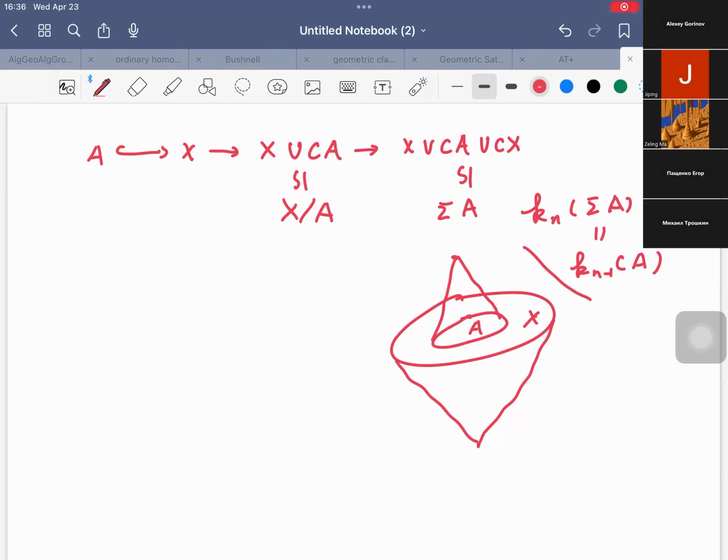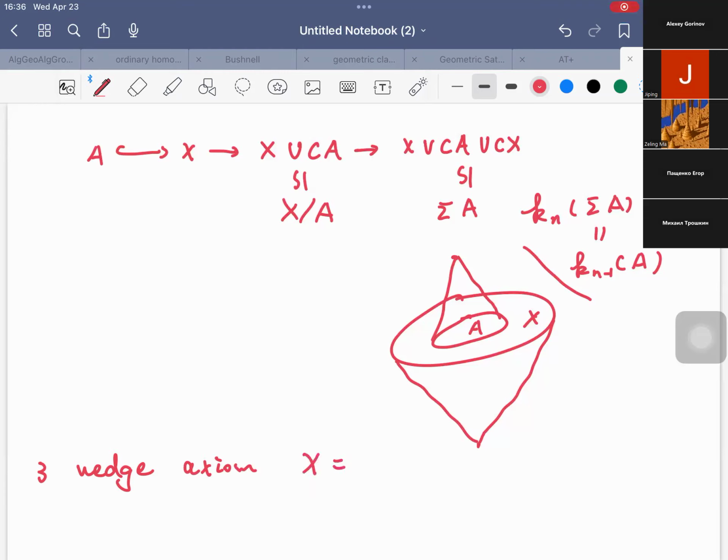Okay, and it should have another condition, the wedge axiom.